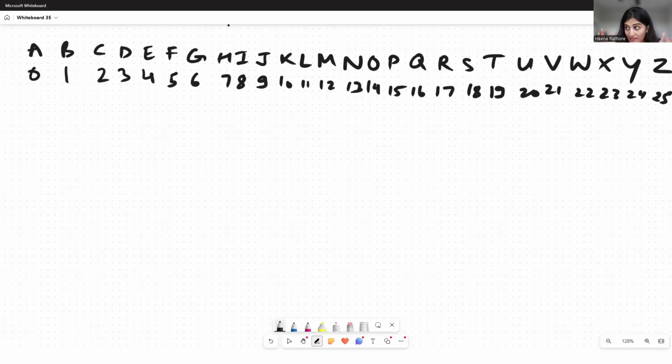So you have this arrangement, and let us suppose that you want to encrypt a plain text, which in this case is help. So plain text is help.